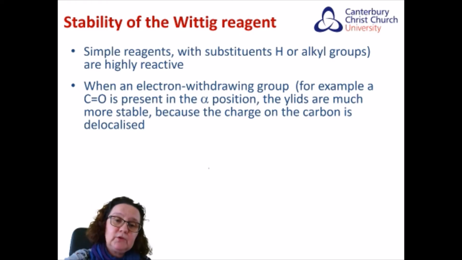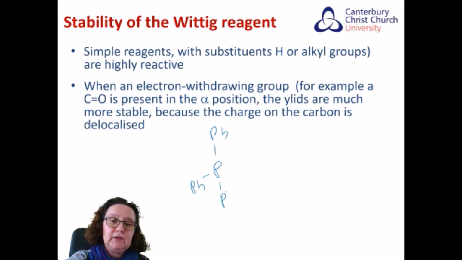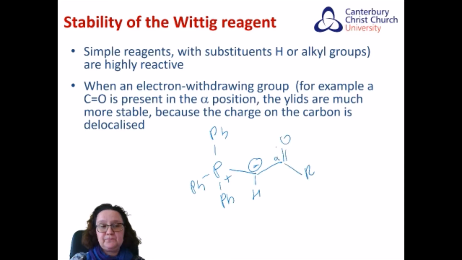So for example, if you imagine a Wittig reagent with a phosphorus and 3 phenyl groups, and the phosphorus has a positive charge. You've got here the negative charge over the carbon, and let's say that has a carbonyl group here in this alpha position.